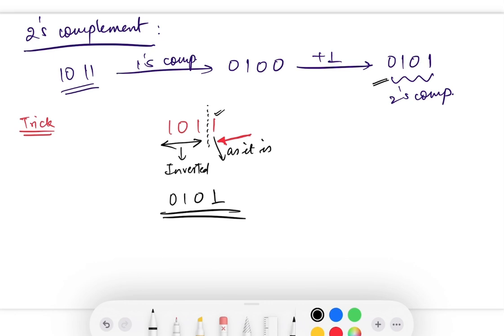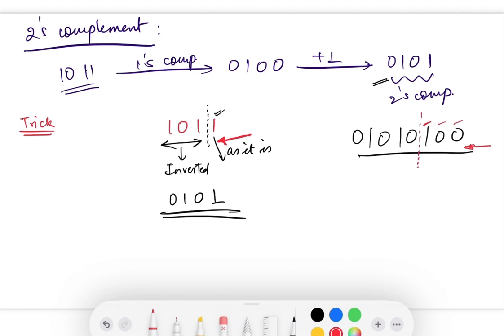Now take another number to calculate 2's complement. Take the number 0, 1, 0, 1, 0, 1, 0, 0. Now you need to calculate 2's complement of this number. From the right, look into the number, and whenever the first 1 occurs, draw a line. This is not 1, this is not 1. The first 1 is here, so draw a line.